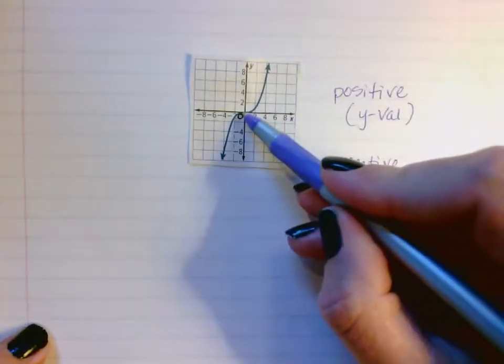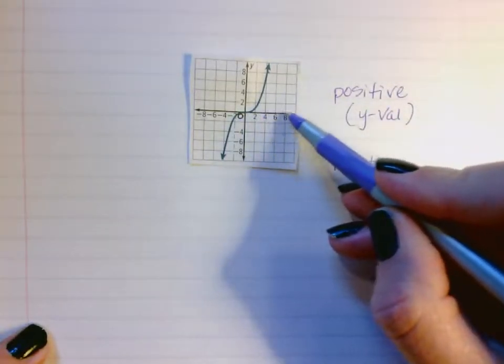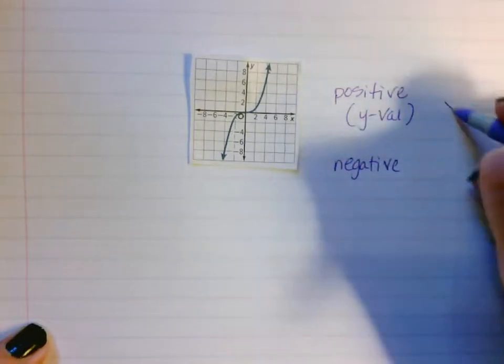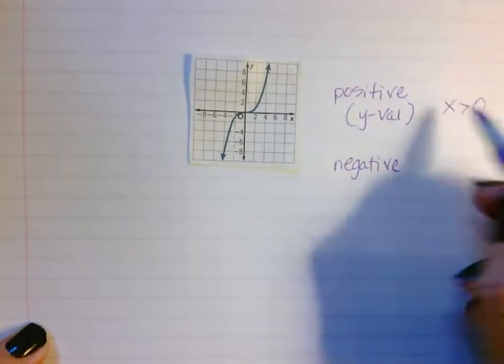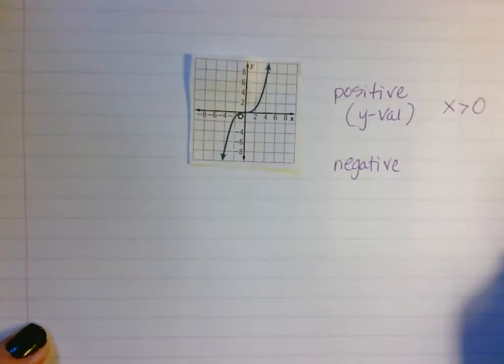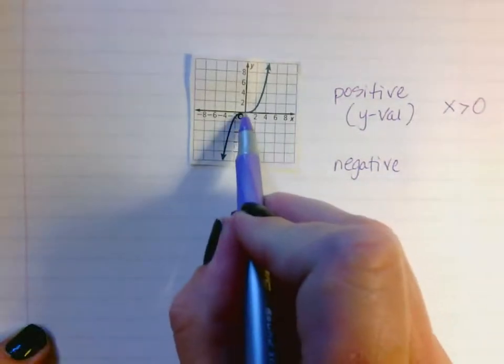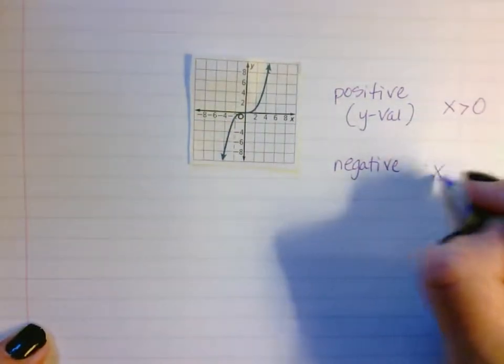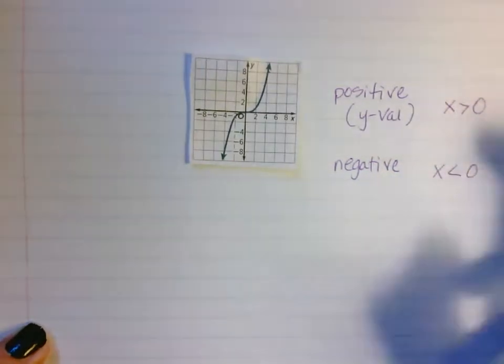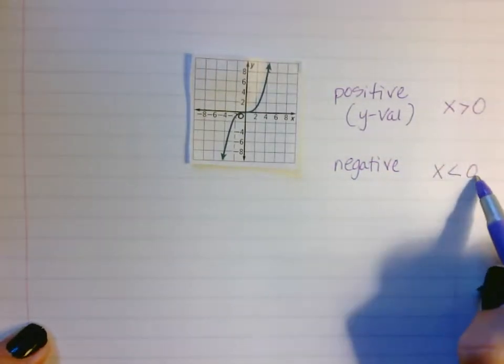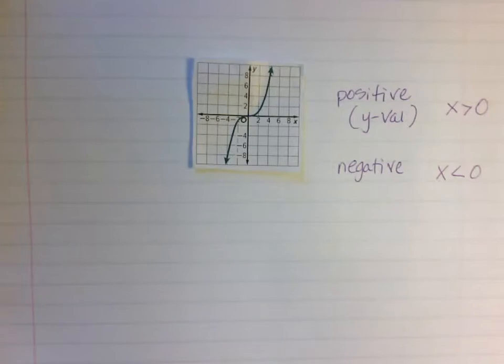So when x is 0 and increasing, that's where we have the positive interval. And then everything to the left, when the x's are smaller than 0, that's when it's negative.